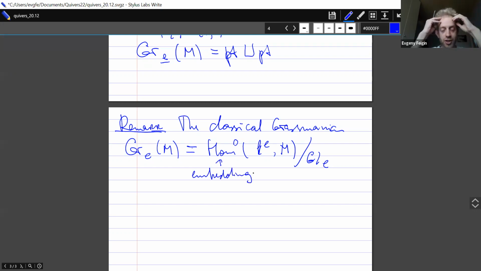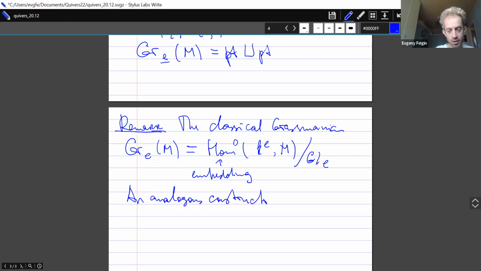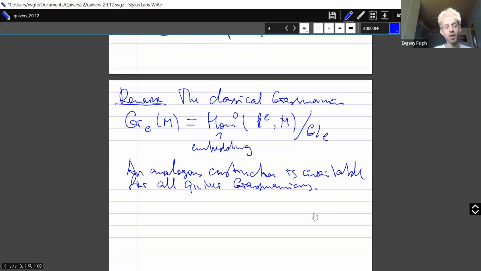I didn't say anything serious: your Grassmannian is the variety of subspaces in a given space, and you consider all possible embeddings of this e-dimensional space inside M, and then you don't care about bases, you just quotient by GL_e. An analogous construction is available for all quiver Grassmannians. I hope we'll get there and discuss the details, but let me mention from the very beginning that such a construction does exist.